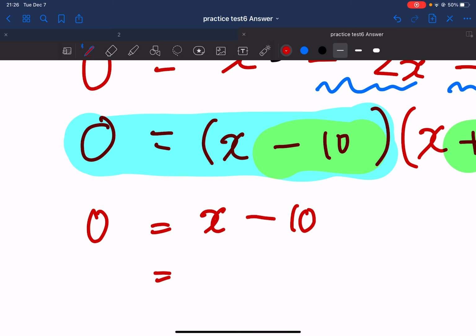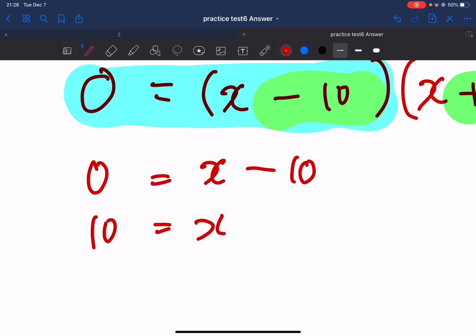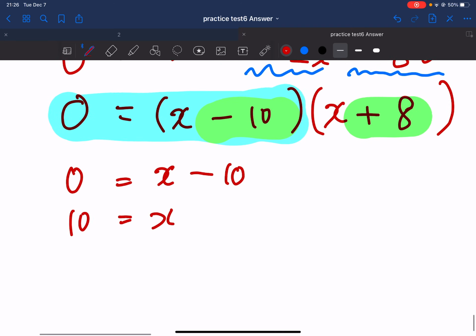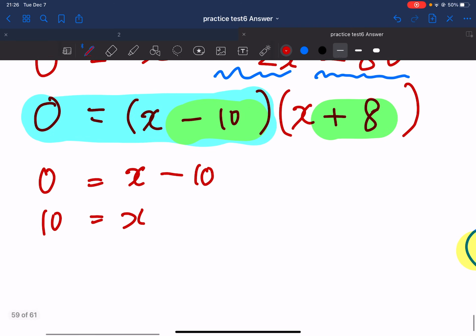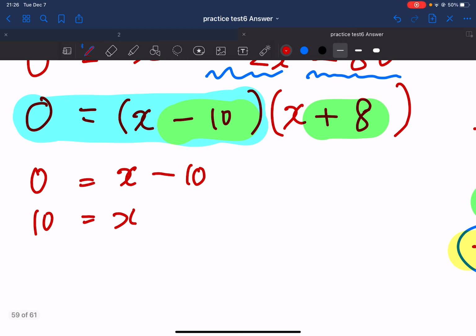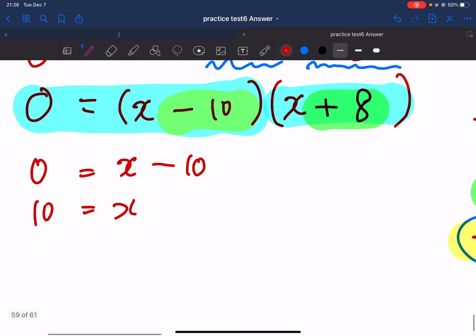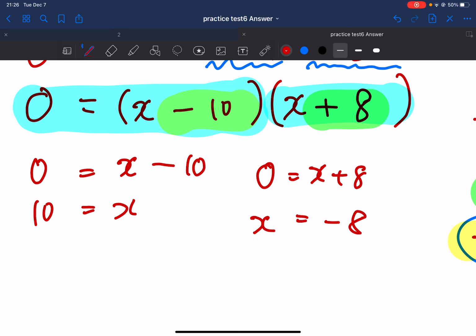What's x? x is 10, right? Now let's focus on this side next. So x plus 8 equals 0. So 0 equals x plus 8. x is negative 8, right?